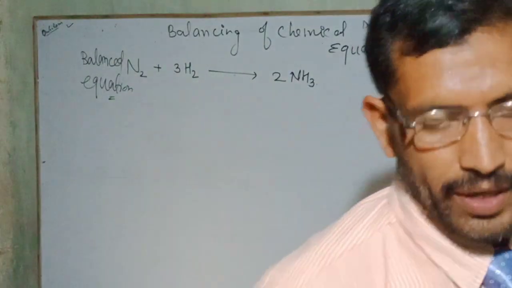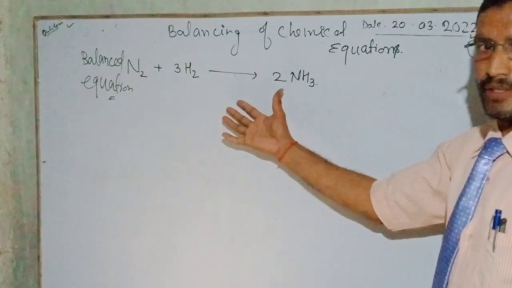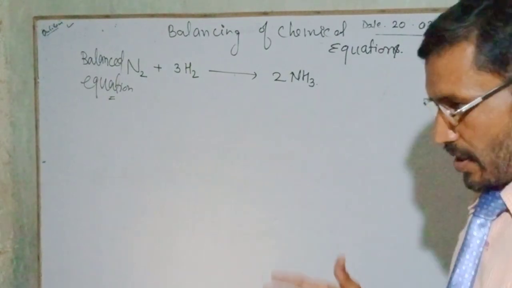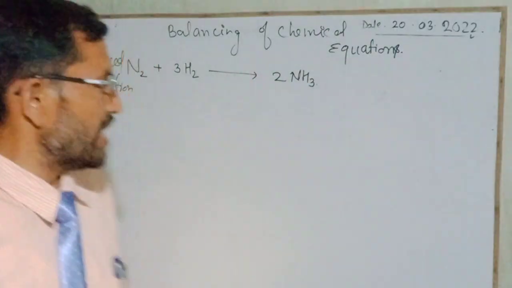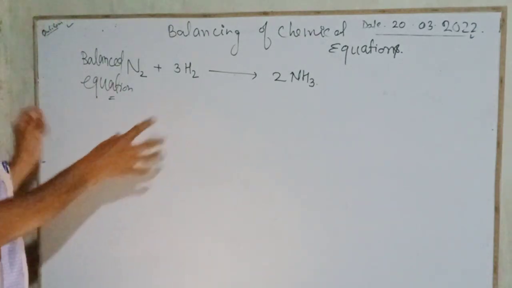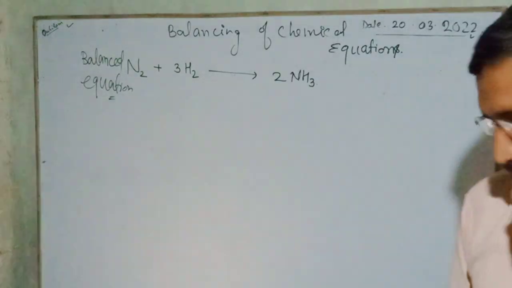Today I am going to take up the fate of a balanced chemical equation. बैलेंस केमिकल इक्वेशन का क्या यूज है, क्या उपयोगिता है, why it is needed, क्यों इसकी ज़रूरत है.